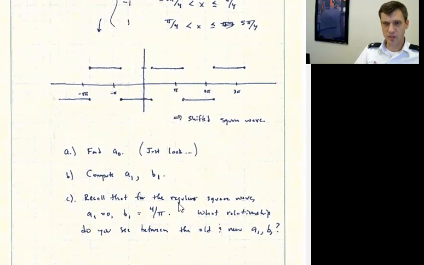And now the last question is, recall that with the regular square wave, a1 was 0 and b1 was 4 over pi. What relationship do you see now between the values that you found and these old values? And it's an open-ended question. When I say, what relationship did you find?